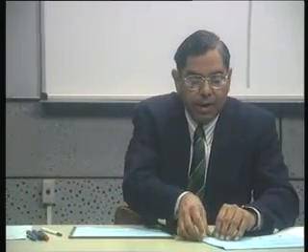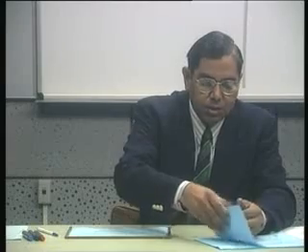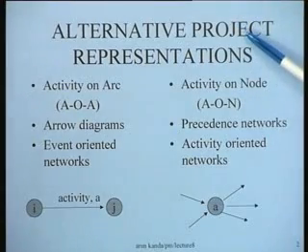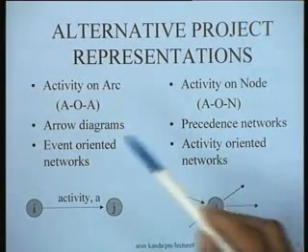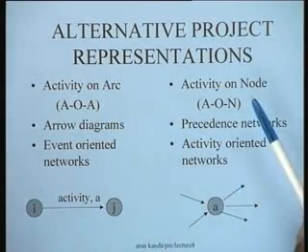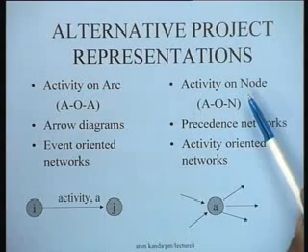So before we go ahead, we would like to talk about some alternative project representations. As you know, projects can be broadly represented in two modes: the activity on arc mode and the activity on node mode.